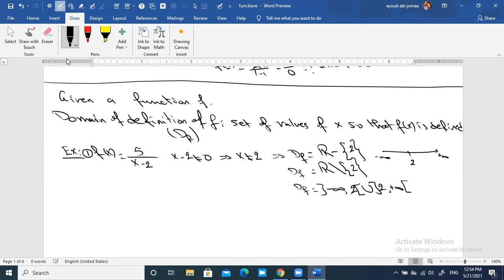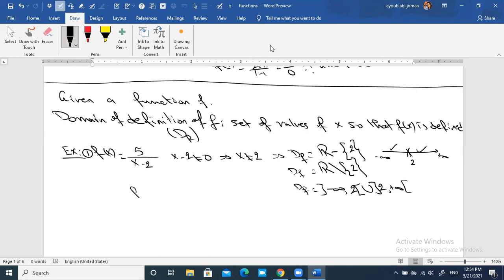You are saying x different than 2, so x is any real number except 2. Here is the domain. So it means if x is any number but not 2, if x is not equal to 2, the function will be defined.